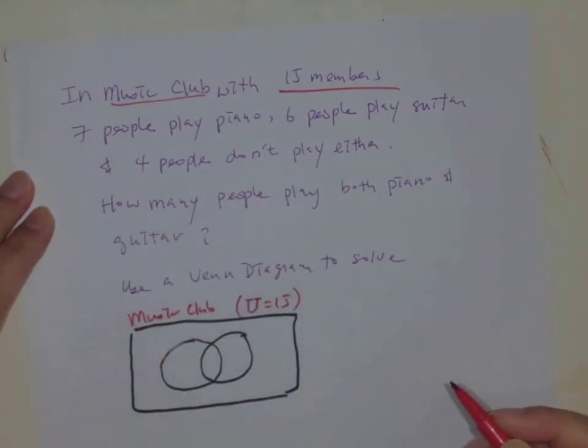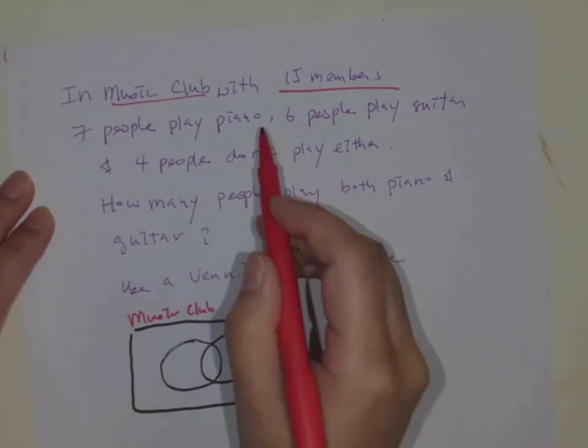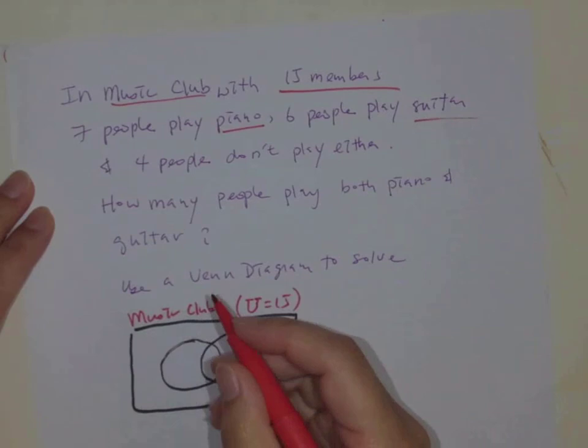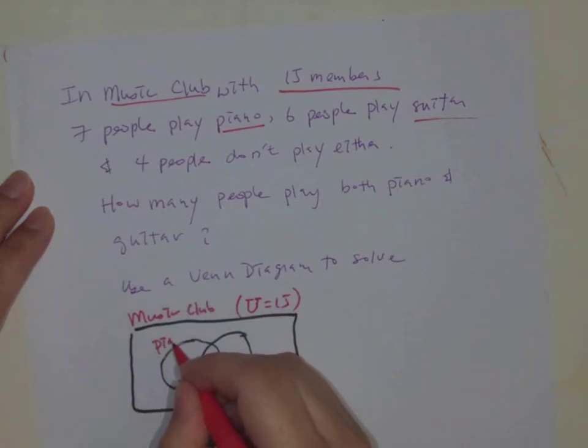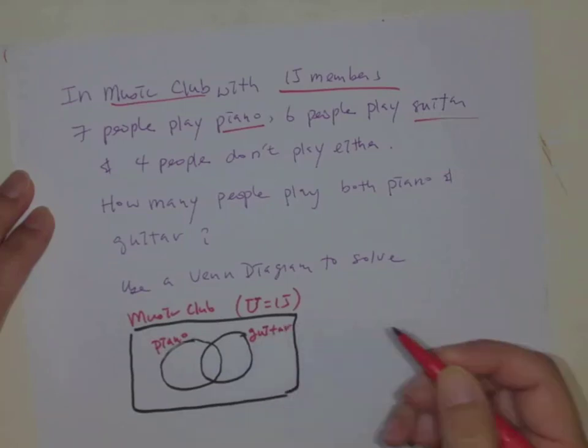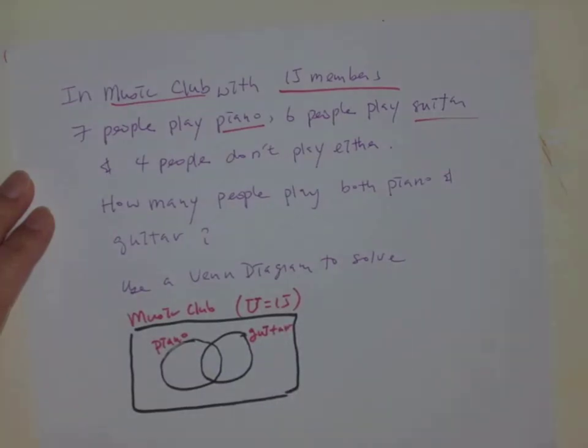Okay, so the 2 major category is people play pianos, and also people play guitar, right? So I'm going to say piano here and guitar here. Are we okay? Alright, so let's see where can we put some number in. So 7 people play piano, meaning the whole circle for piano is 7, right?